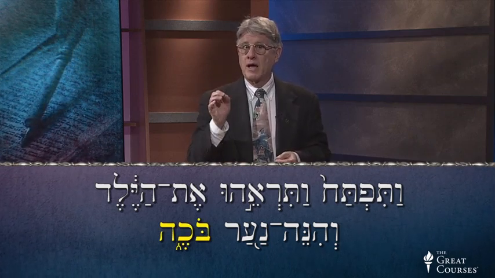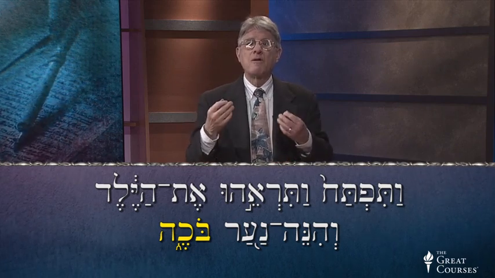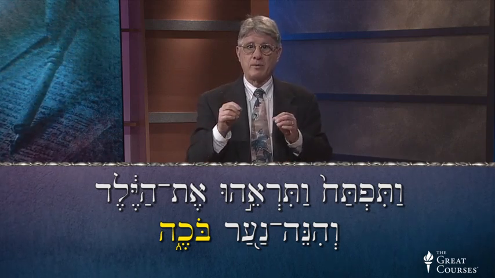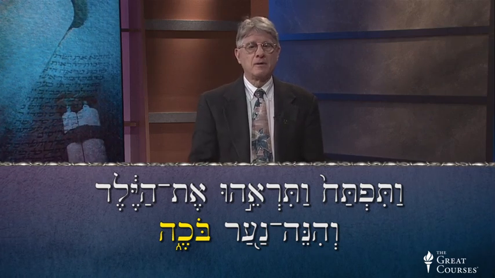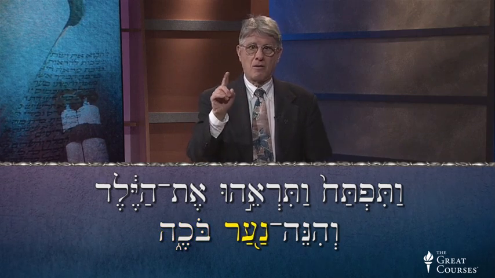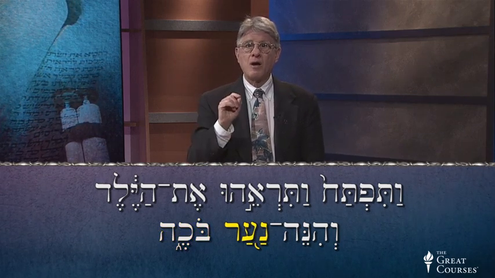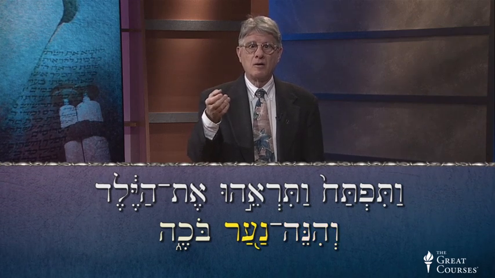And bocheh, kal, masculine singular participle, from bacha, to weep. Ending because it's a lamed hey verb. And there was a crying child. A na'ar this time, not a na'ara, a boy, not a girl. V'hinei na'ar bocheh.